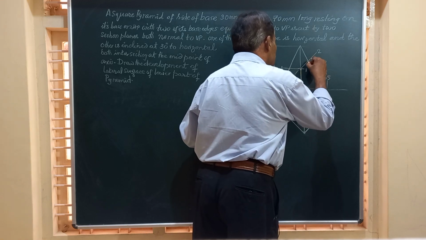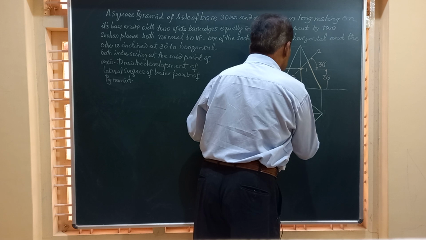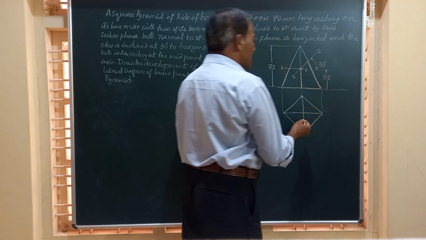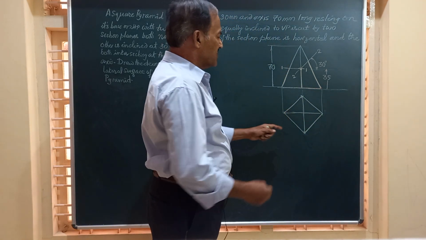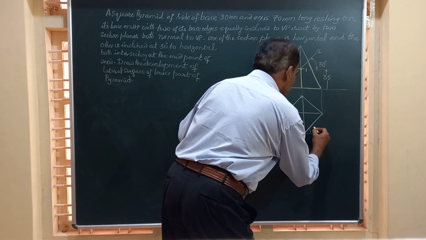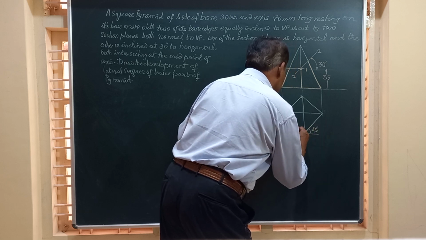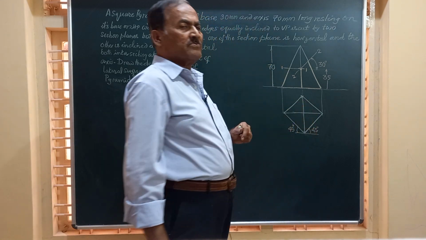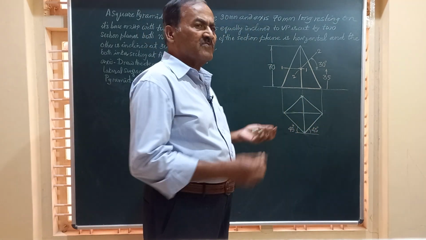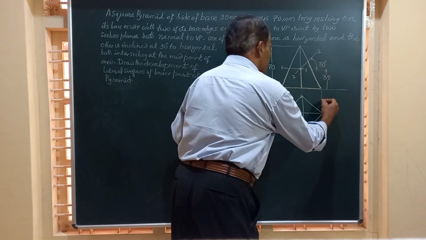And remember friends, this pyramid is resting on HP on its base with two of the base edges equally inclined to VP, that is, at 45 degrees. All the base edges are equally inclined to VP.